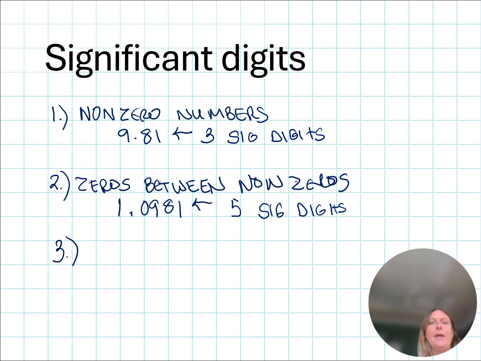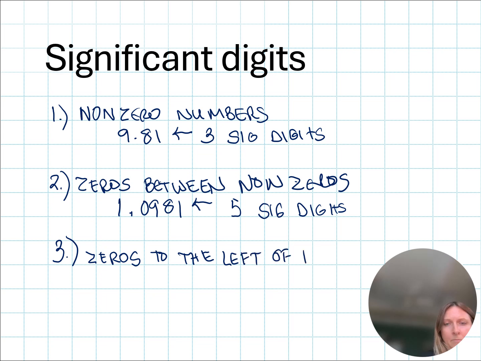Okay, what if I have a 0 and it is to the left of the first non-zero number? This would not be significant.